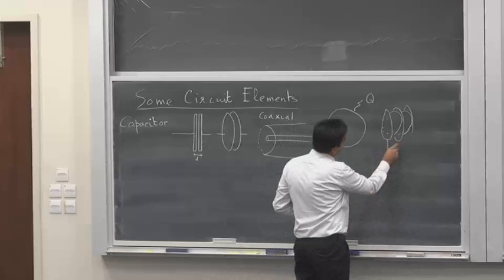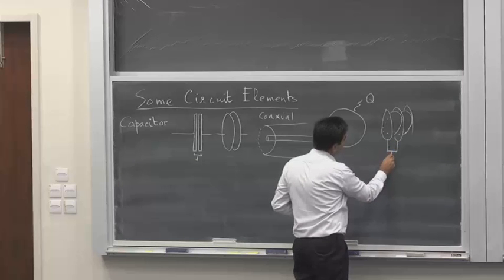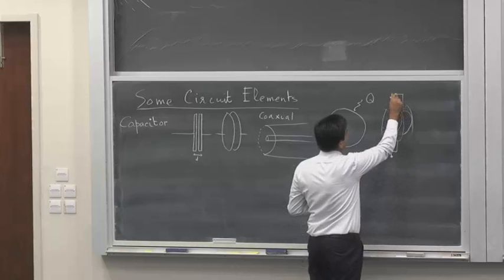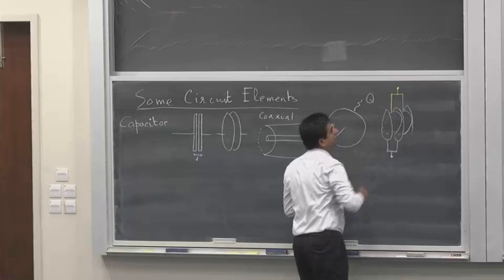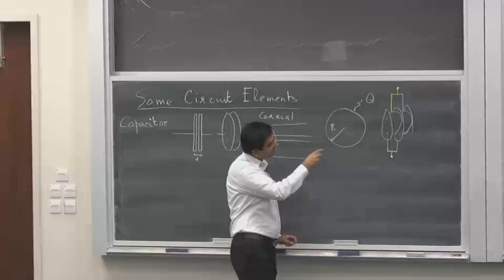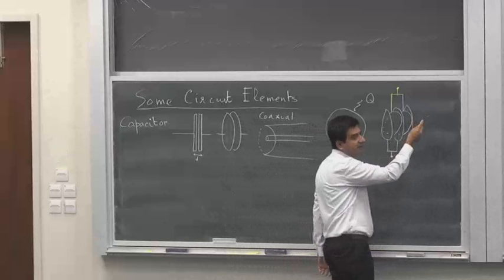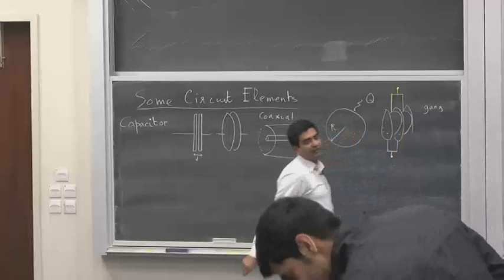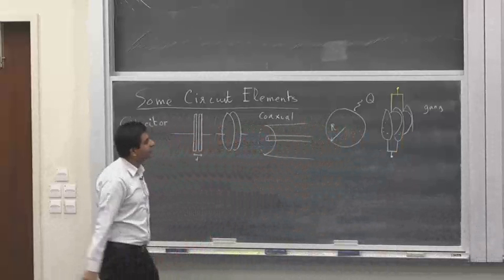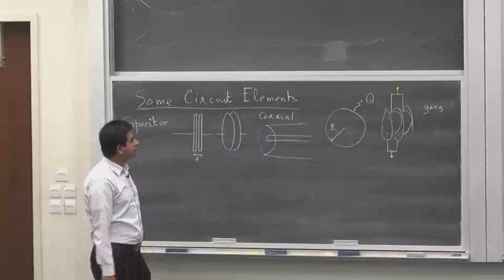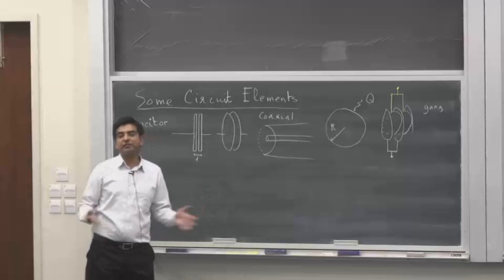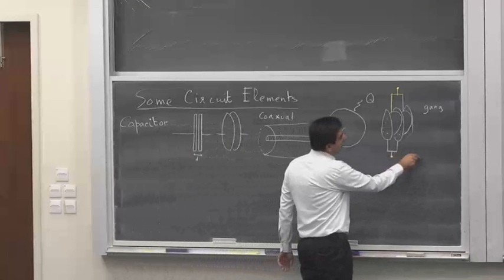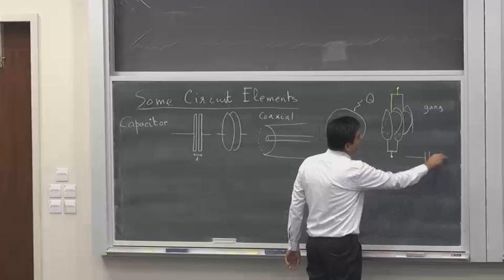You electrically connect these plates together, and you connect these plates together. So such a capacitor is also called a variable air capacitor or a gang in the radio technologists community. Generally the circuit symbol that we employ for a capacitor is just two plates.